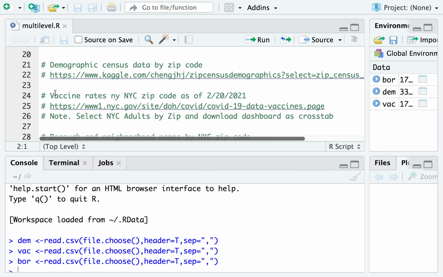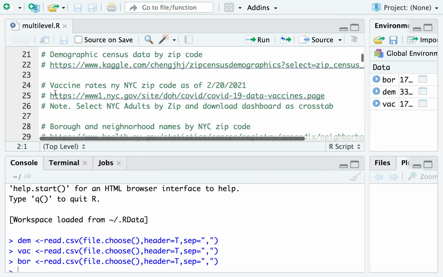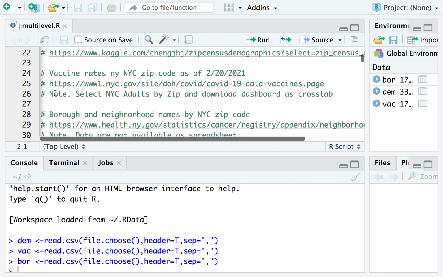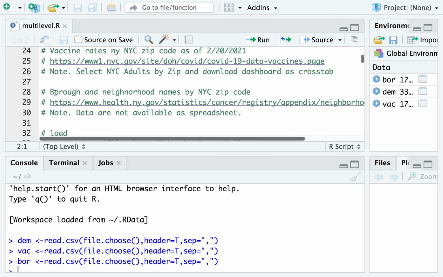The vaccination rates I got from New York City, I believe the Department of Health. I pulled it down as of some date, and the dependent variable I'll be interested in is full vaccination, meaning someone has gotten both vaccinations, fully vaccinated. And this is by zip code.